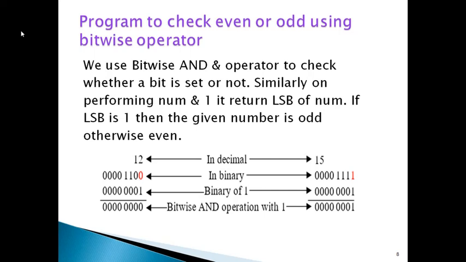If a number is divisible by 2, we say it is an even number, otherwise we call it an odd number. Now we are going to check whether the given number is even or odd using a bitwise operator.